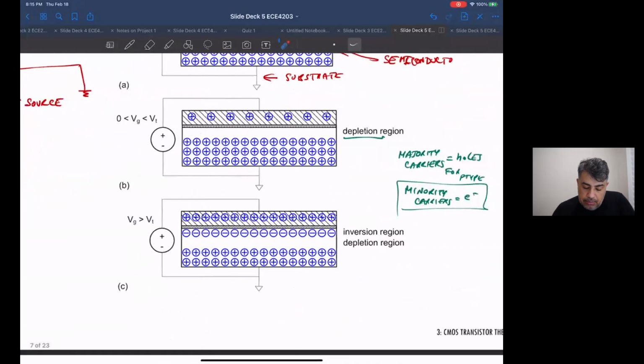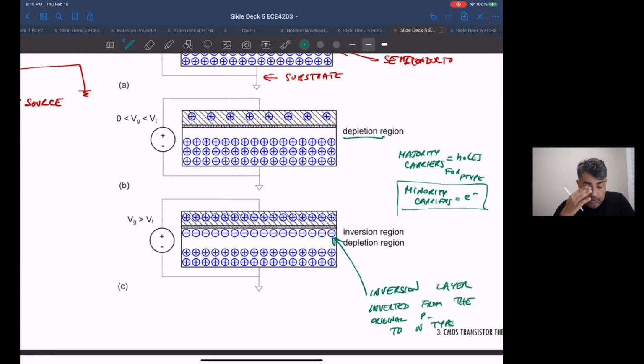Once you get past a certain voltage, this is by definition called the channel. This is an inversion layer. The reason it's called inversion is because this area inverted from the original P to N type.